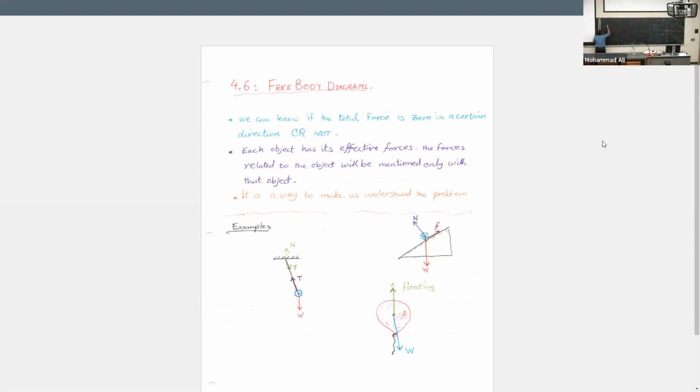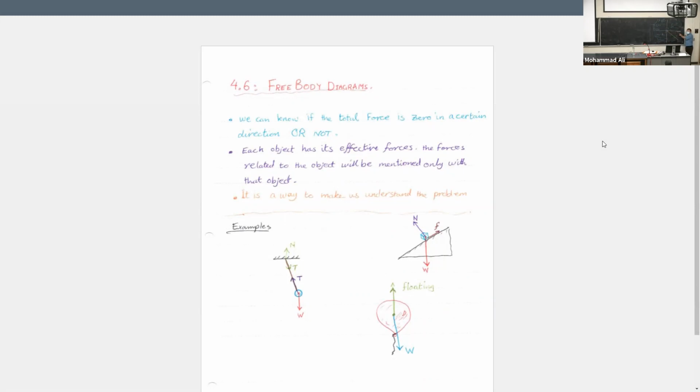Now, in the x direction, we need to find the components. We have this in the negative x direction. We have this with an angle. We need just to find the component of the tension force. So this is the x component in this direction. Tension force multiplied by cosine or sine, like the previous lecture.